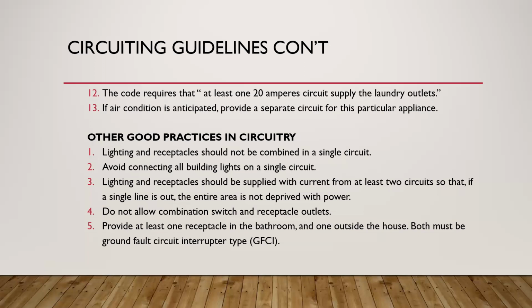So at least 4 circuitry for every simple or standard family dwelling unit. Number 3, yung lighting and receptacle should be supplied with current from at least 2 circuits so that if a single line is out, the entire area is not deprived of power.